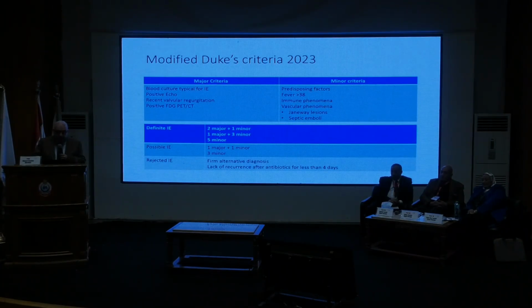Possible infective endocarditis needs 1 major and 1 minor, or 3 minor criteria. We can reject infective endocarditis if we have an alternative firm diagnosis of another cause for the patient's symptoms, or we have a lack of recurrence after less than 4 days of antibiotic treatment.